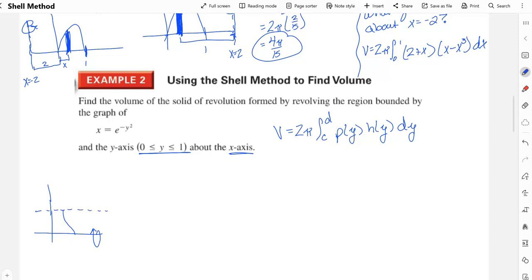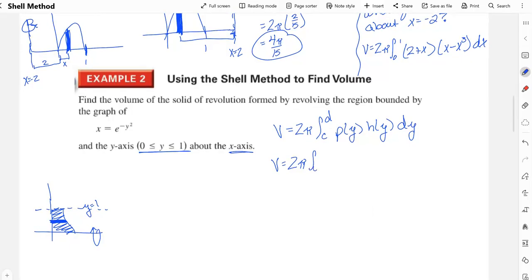Here's my bound. I'm bounded between 0 and y equals 1. So here's y equals 1. Here's my region that I'm revolving. So when I revolve that, my representative rectangle, it's going to be like this. Remember, it's going to be parallel to the axis of revolution. So let's figure out what my volume is going to be. We know we're bounded between 0 and 1. We're thinking about things in terms of y now.